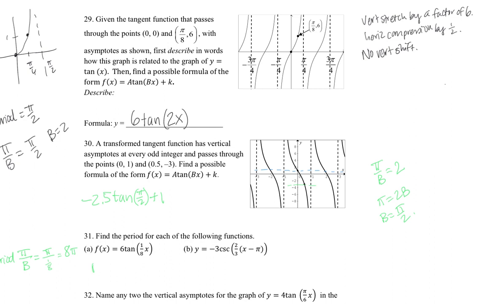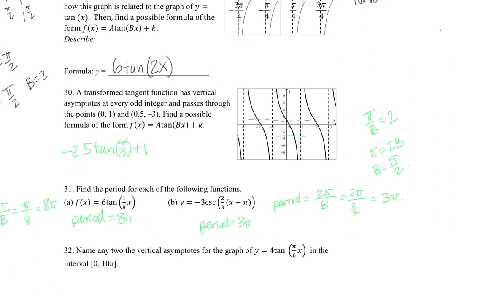So the period equals 8 pi. For cosecant, the normal period for cosecant is 2 pi. So the period will be 2 pi over b, which is 2 pi over 2/3, which is equal to 3 pi. So the period here is 3 pi.